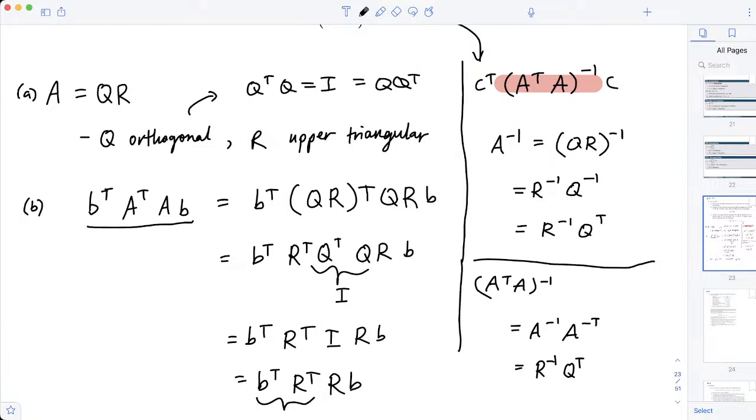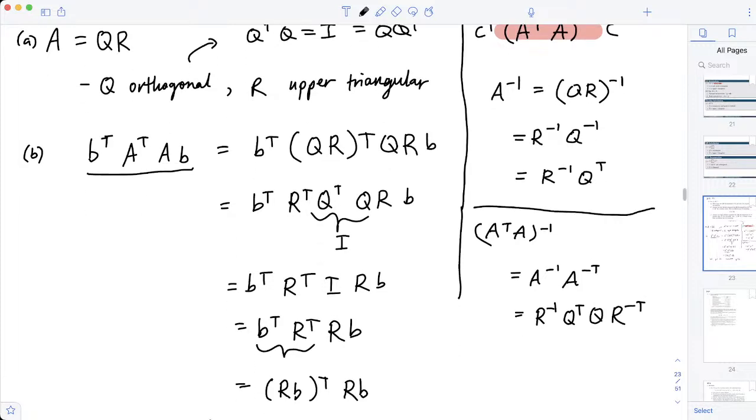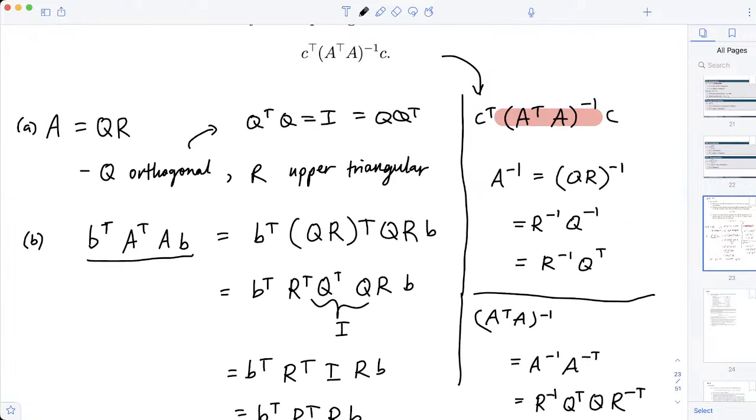We wouldn't actually need to use that orthogonal identity earlier. Okay, so then we get this, and similarly we can get rid of the Q transpose Q's. So that's just going to be R inverse transpose. And then we can chuck this back into here.